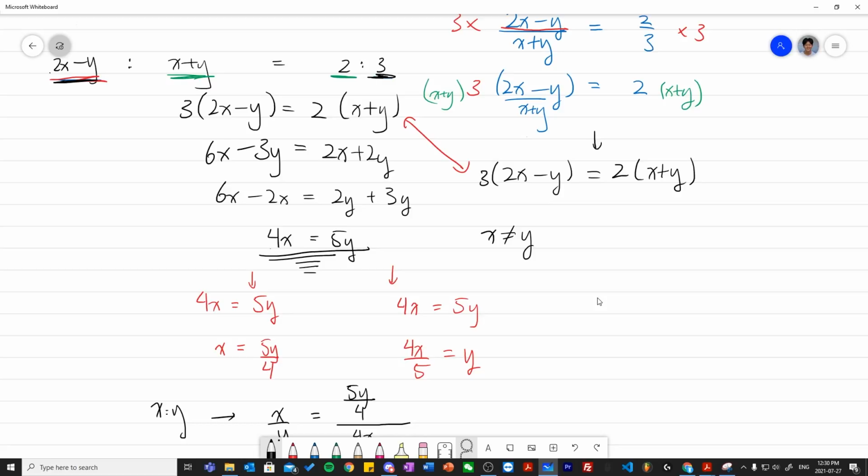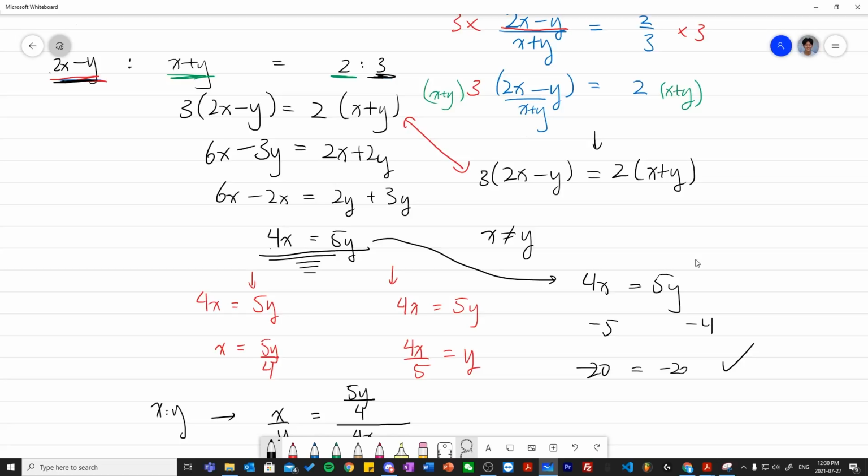Do you understand? Over here you made a statement, you wrote down that 4x equals 5y no matter what. Now x could be -5 and y could be -4, so this whole thing would be -20 equaling -20, which is true.